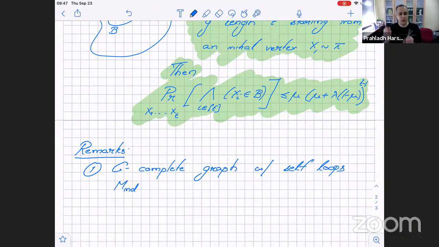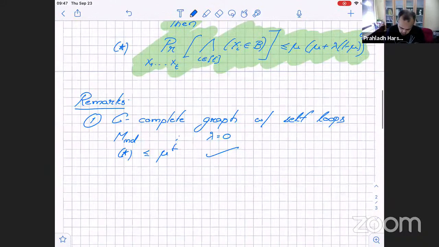Each step is not looking at the previous step. Then lambda is 0, and you get back this. Let's call this star. In this case, star is less than or equal to mu to the power t, which is the right answer, which we believe. So it's a strict generalization of what we have for complete graphs.